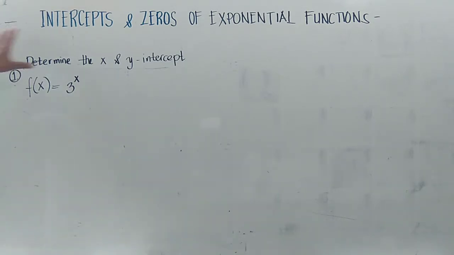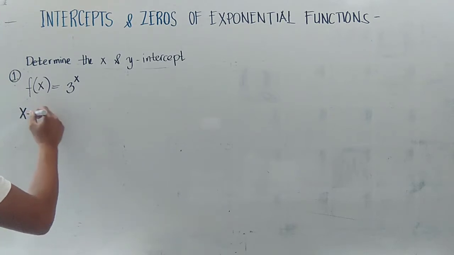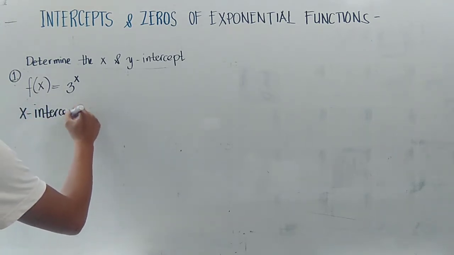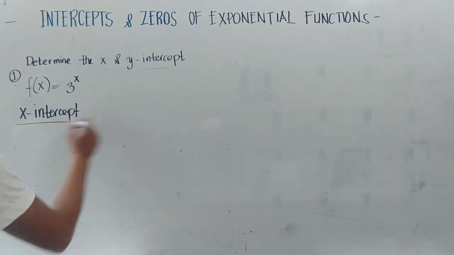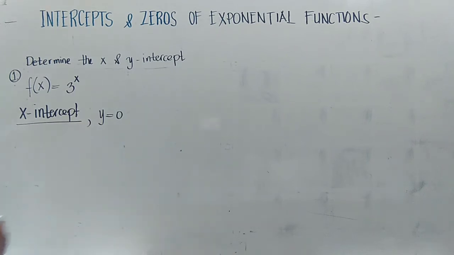Again, our lesson is all about the intercepts and zeros of exponential functions. The basic concept in solving for the x and y-intercept. Let us first solve for the x-intercept. When we are solving the x-intercept, y should be equal to 0.